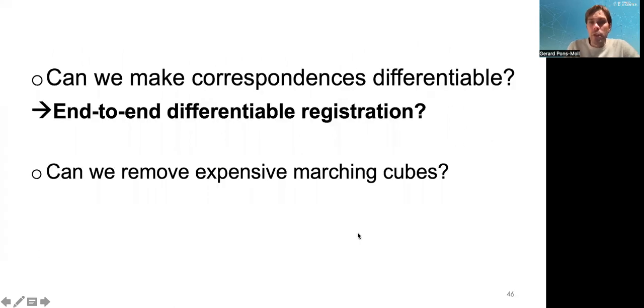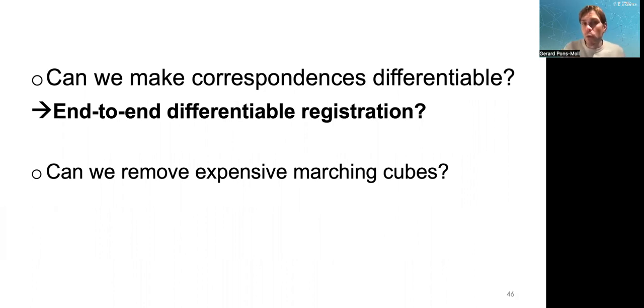So one question that one might ask is, well, can you make the correspondences differentiable so that you don't need to keep updating them, but somehow have optimization variables that are switching the correspondences for us, in a way that we can just do gradient descent or some other gradient-based algorithm to minimize the objective?